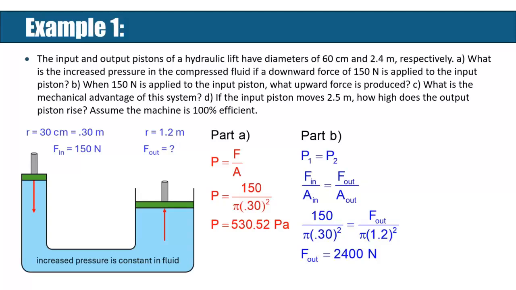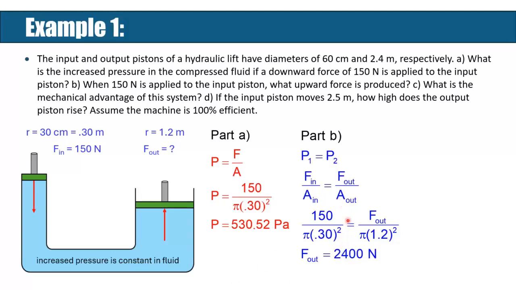Pascal's principle says that the increased pressure is constant in the fluid. So I know that the pressure over here at piston 1 has to be equal to the pressure over here at piston 2. The pressure at piston 1 is force over area. The pressure at piston 2 is force over area. And I'm kind of just doing a ratio proportion for this.